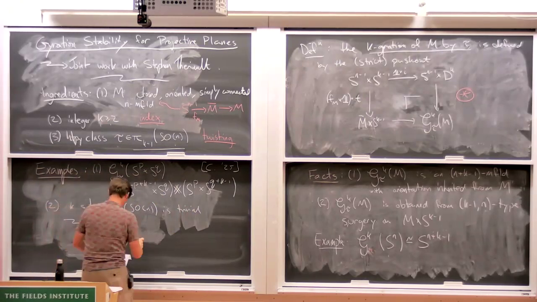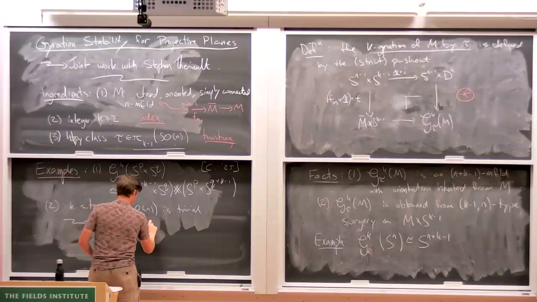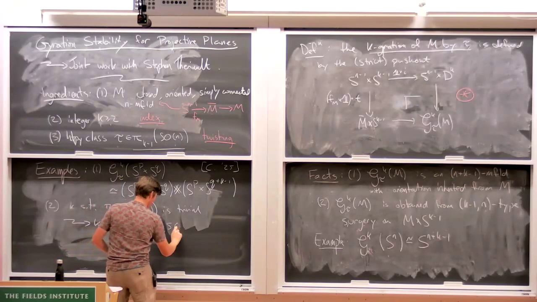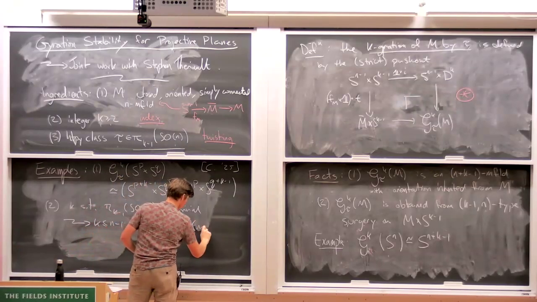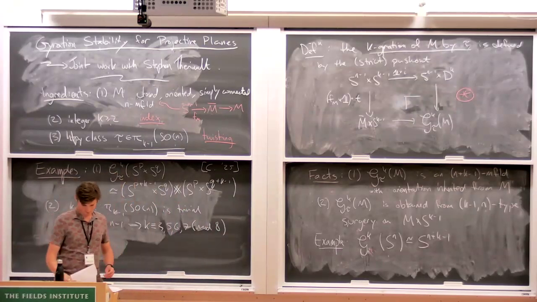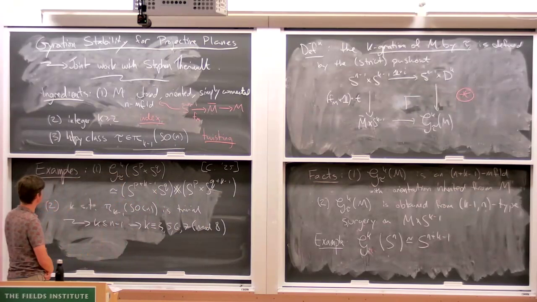So this will imply k is congruent to 3, 5, 6, or 7 modulo 8. Fine.